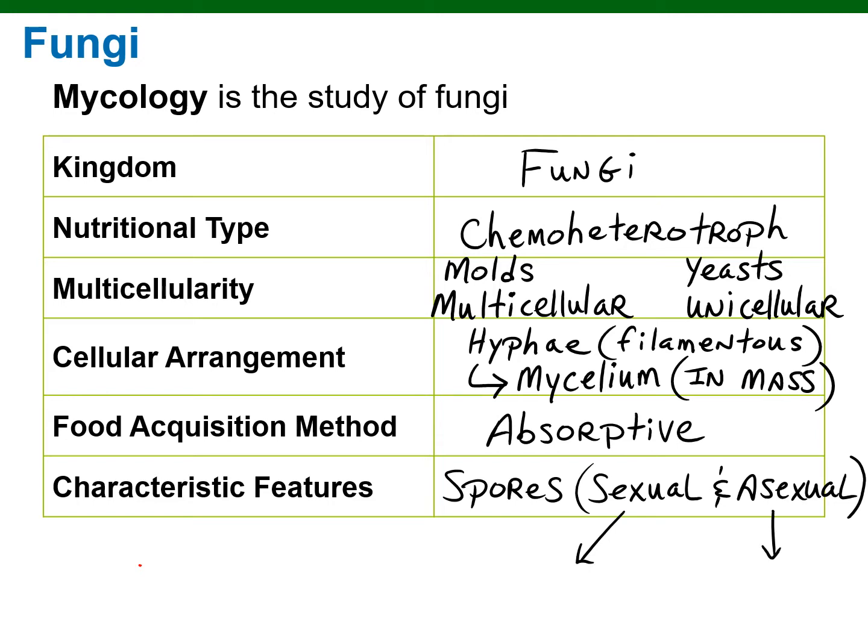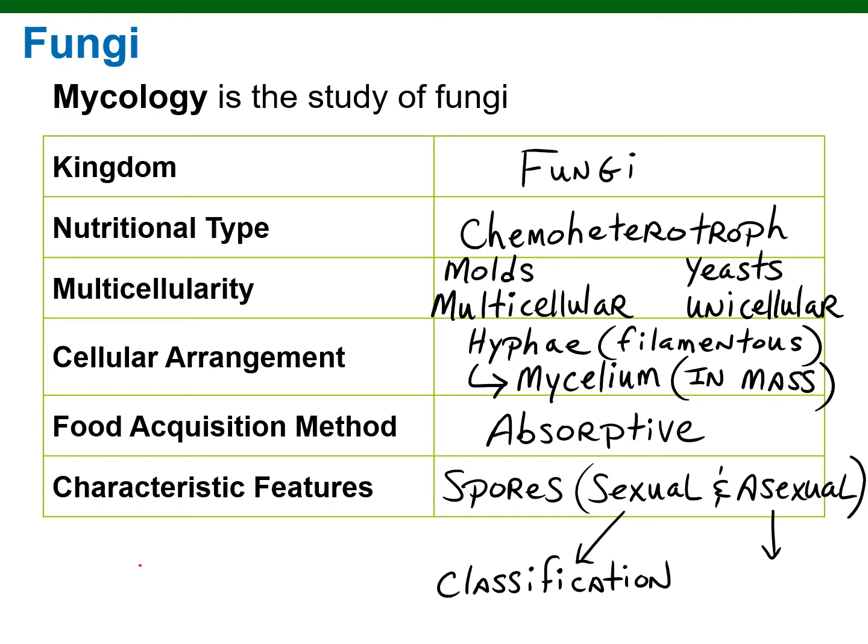Sexual spores are typically used in the classification of organisms that are fungal. We look at the anatomical structures that make sexual spores, and we can then put them into certain classes.